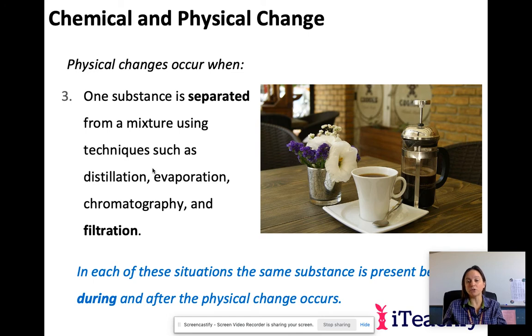Evaporation, filtration, or chromatography are all ways to separate mixtures so that I can isolate the components of the mixture.